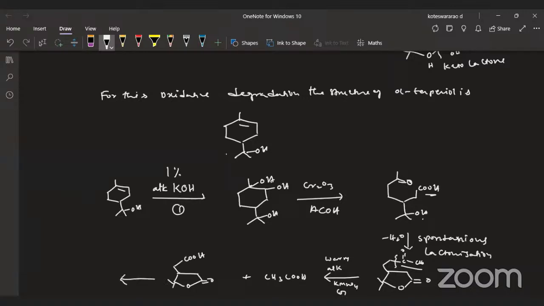Again, this terpinolic acid is subjected to KMnO4 oxidation, neutral KMnO4 oxidation. That leads to the formation of terebic acid. This is the terebic acid. These are the degradation experiments, degradation products.